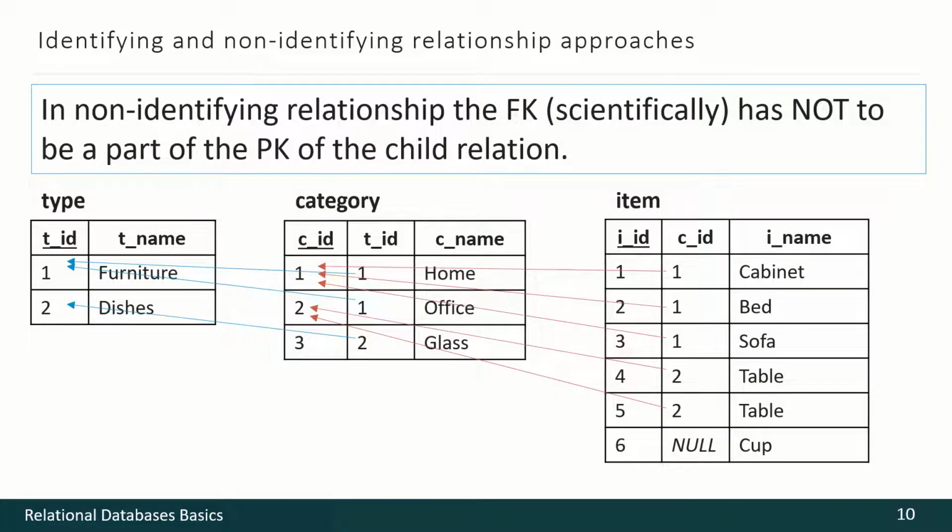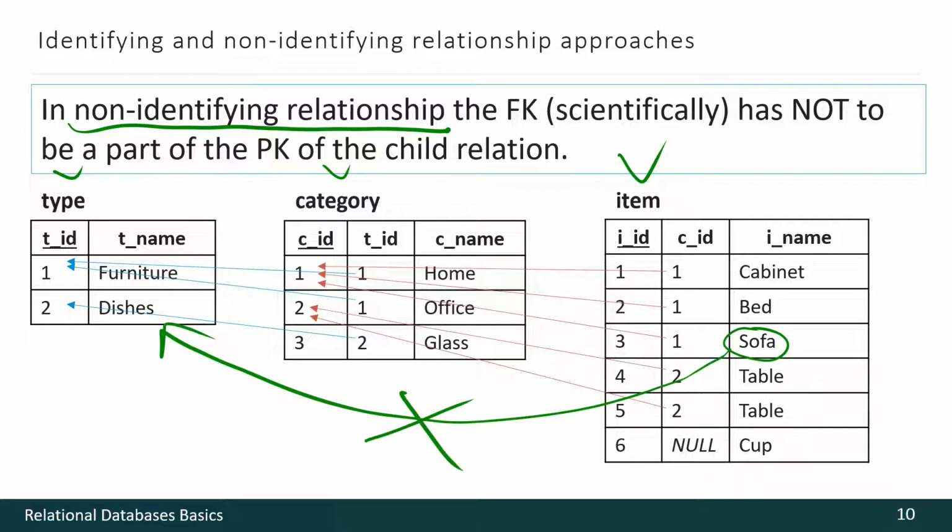This is the same example with data, but here we have non-identifying relationship. Some product types, categories, and items. And imagine we have to detect what kind of product type a sofa is. We cannot jump right here because we have no type information here, it's absent here.